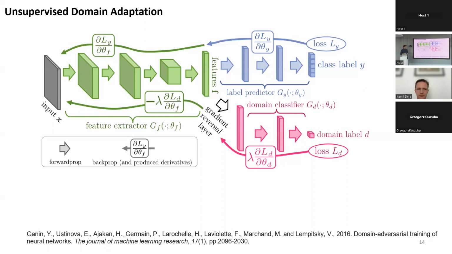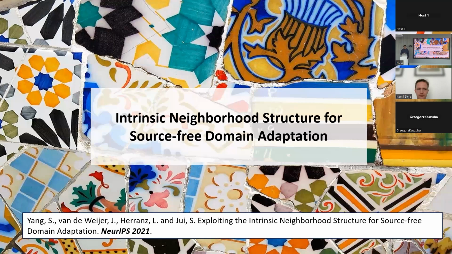This means that the output features will be invariant for the two domains. And if they are invariant, the hope is that if you then plug the classifier you learned on the source domain into the target domain, this will also work. So this is one of the most famous unsupervised domain adaptation methods. But the problem is that when you train this, you really need access to both the source data and the target data.